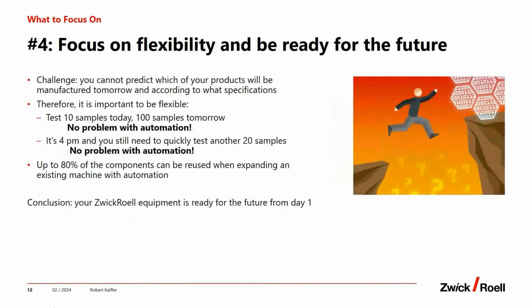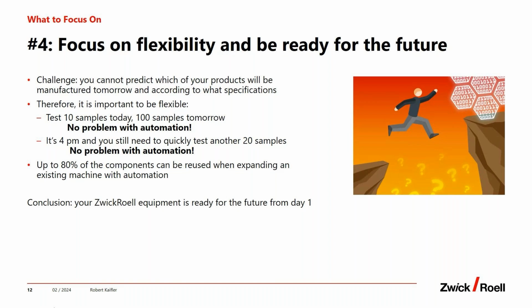The last focus I'd like to draw your attention to is focus number 4, flexibility and being ready for the future. The challenge for us nowadays is we cannot predict what kind of samples, what kind of material we are testing next year, tomorrow, in 2 years or 5 years. That's something which changed during the last years.